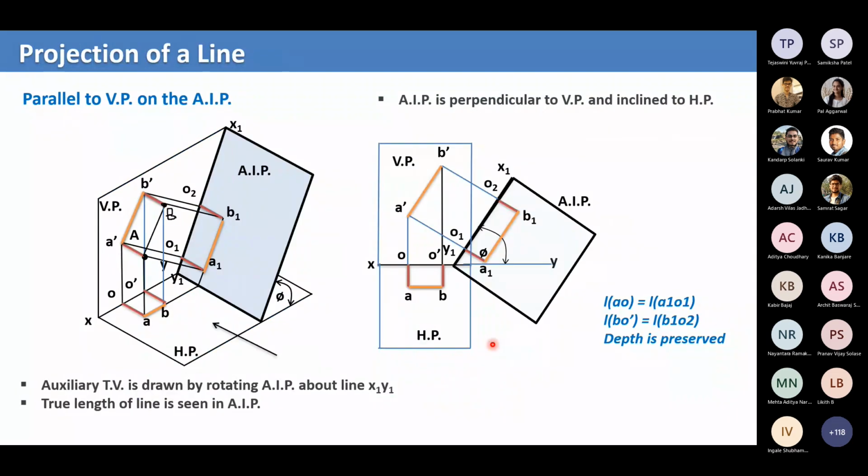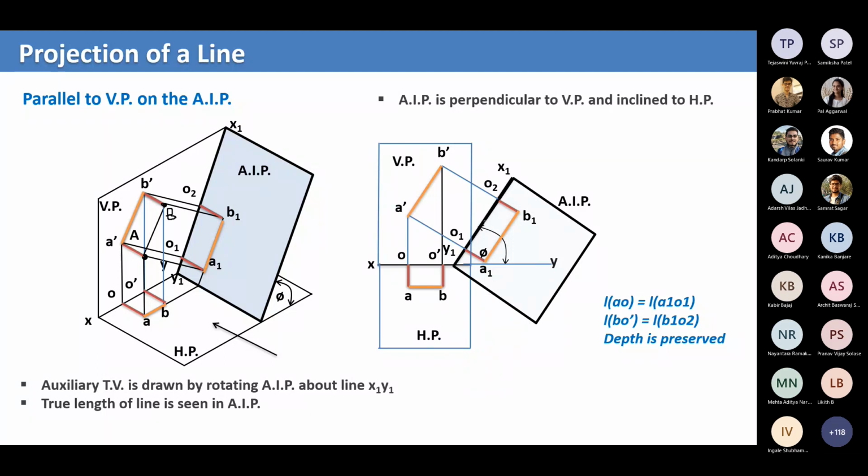So I think everyone understood how to project a line which is parallel to VP onto an auxiliary inclined plane. Any more doubts? I suppose there are no doubts. Good.